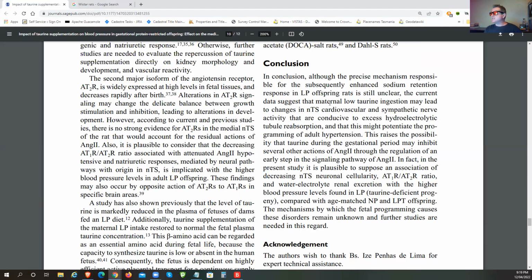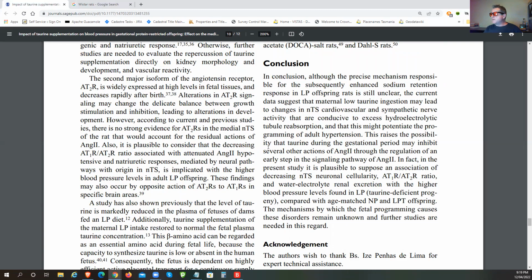The current data suggests that maternal low taurine ingestion may lead to changes in NTS, cardiovascular and sympathetic nerve activity, and are conducive to excess hydroelectrolytic tubule reabsorption, and thus this may potentiate the programming of adult hypertension. Anyway, those little tubules in the actual kidney.